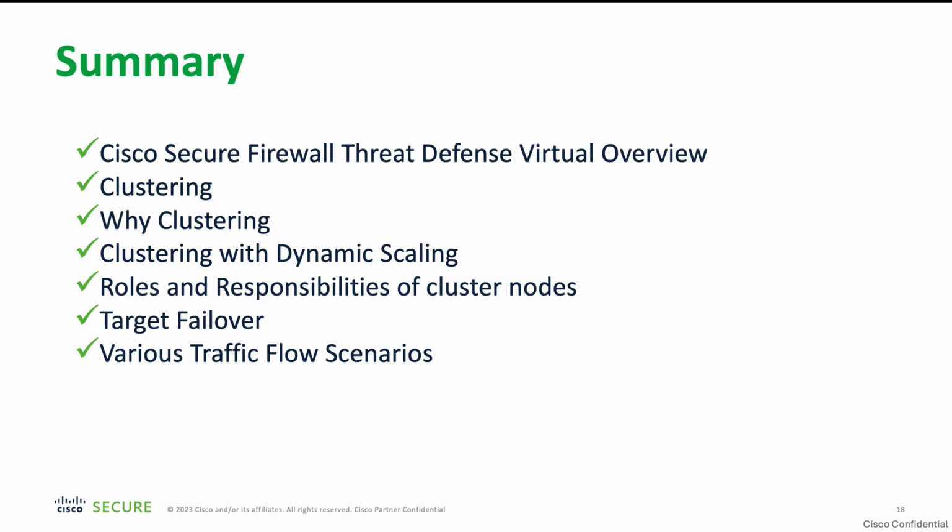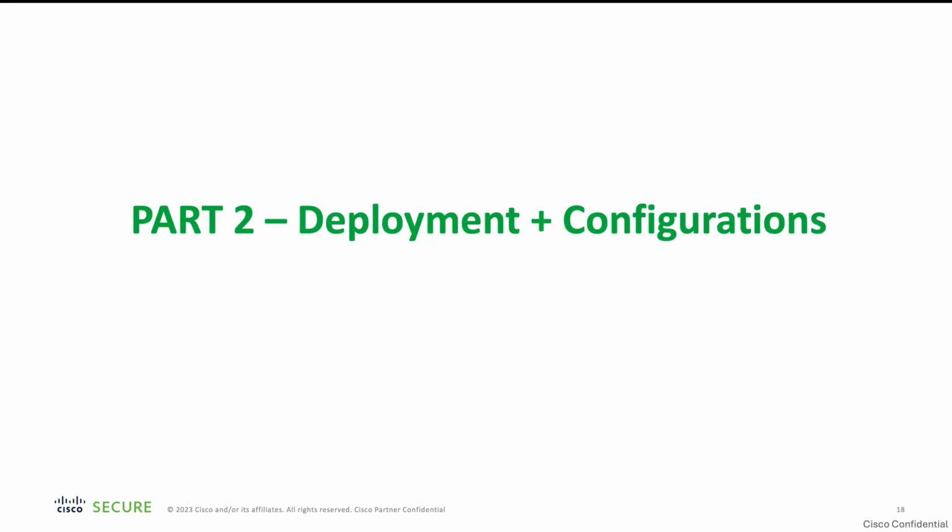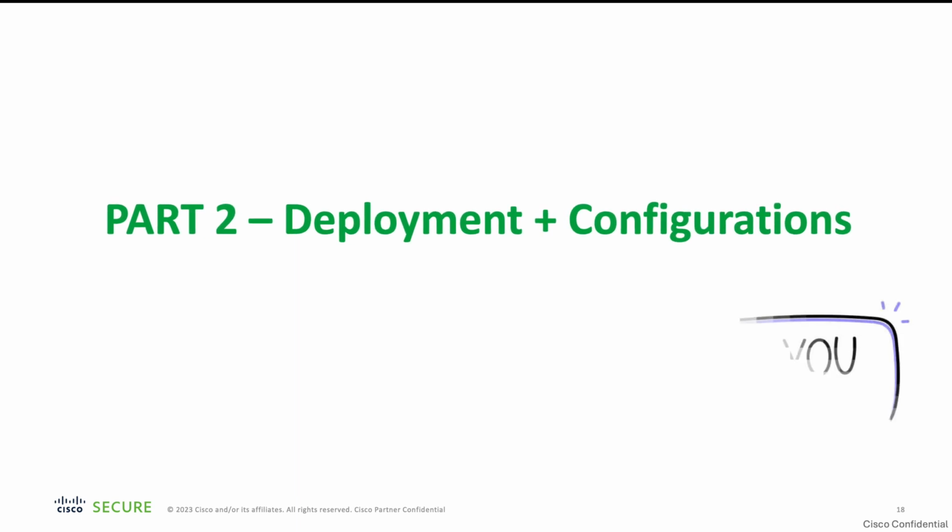Then we discussed the target failover feature, and we understood how traffic flows in different scenarios or use cases. In part two, we'll dive into the deployment and configuration of the cluster in AWS.